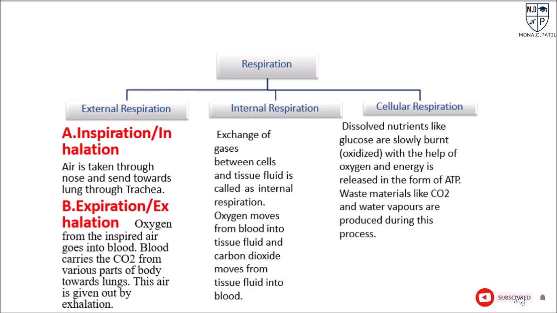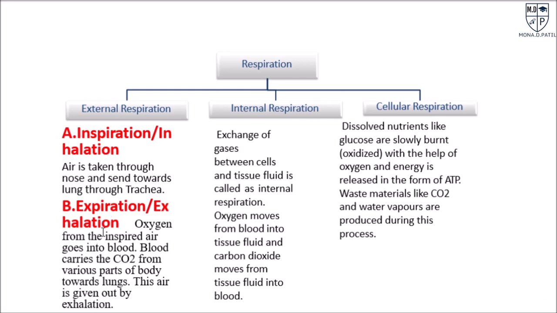So the respiratory system. For that, first let me understand respiration. Respiration is of three types: external respiration, internal respiration and cellular respiration. External respiration includes inspiration or inhalation. Here, air is taken in through the nose and sent toward the lungs through the trachea.